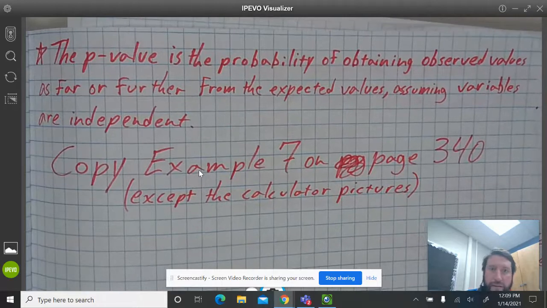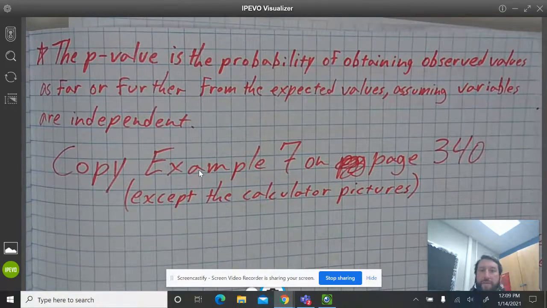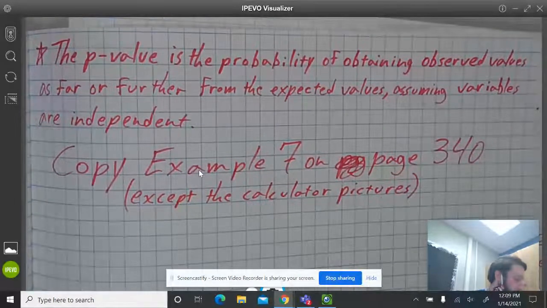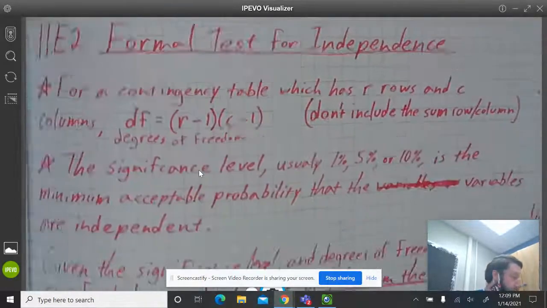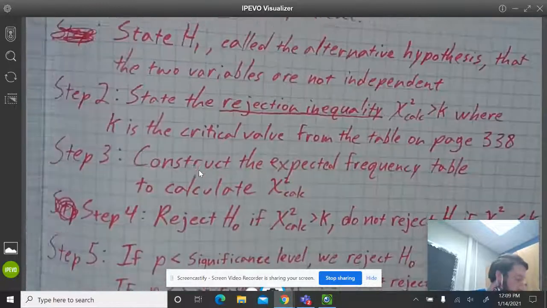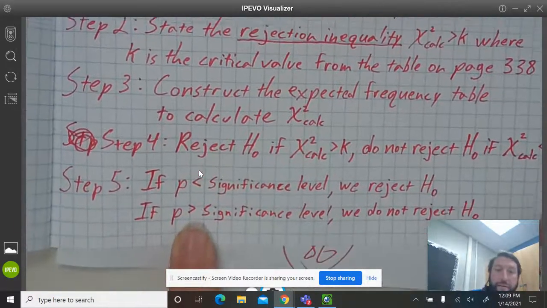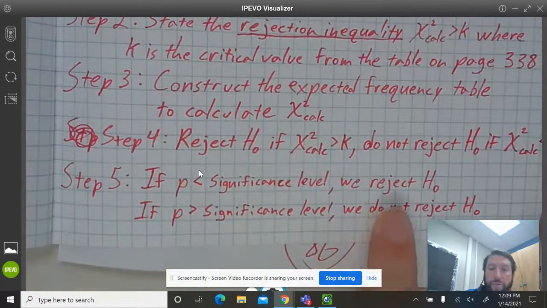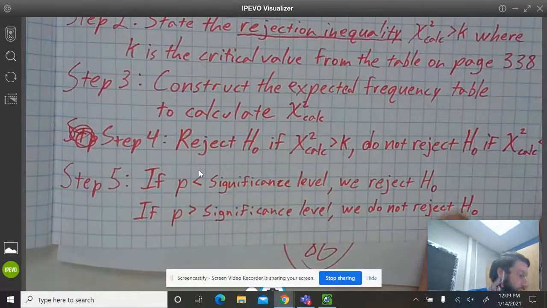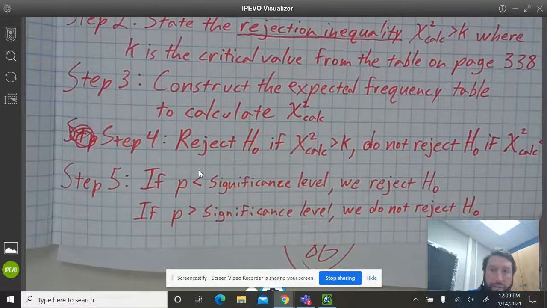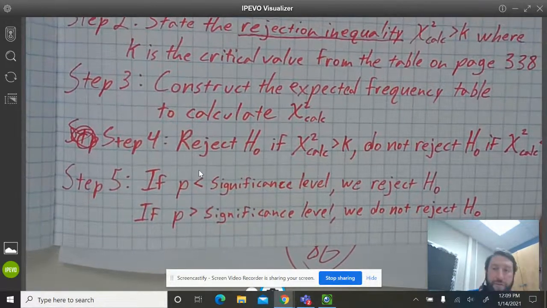As you can tell, a larger p-value gives you a greater chance. In fact, it says it right here: if P is greater than the significance level, we do not reject H null. Remember, H null is the null hypothesis that the two variables are independent.